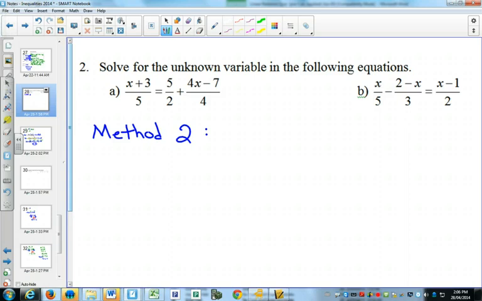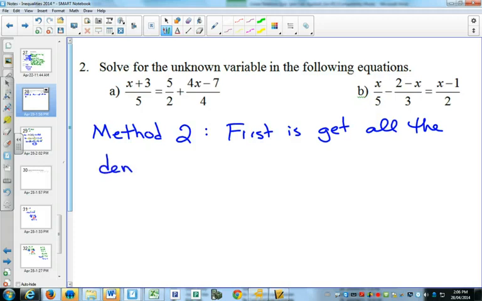Instead of multiplying to get a least common multiple, what you're going to do first, and these techniques are very similar, is get all the denominators the same. And what's going to happen is when you get all the denominators the same, it's going to be the least common multiple that appears on the bottom.